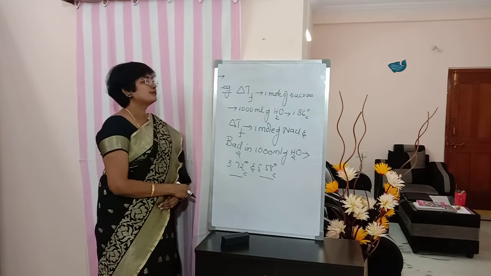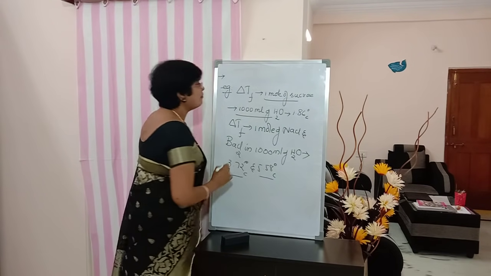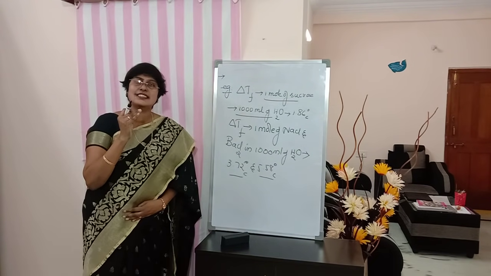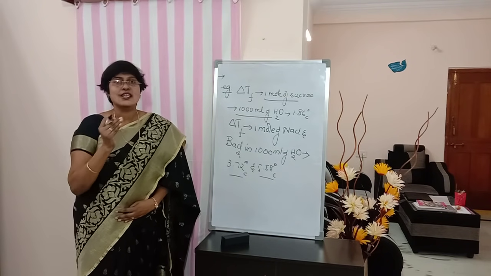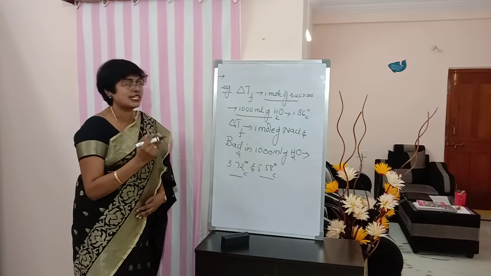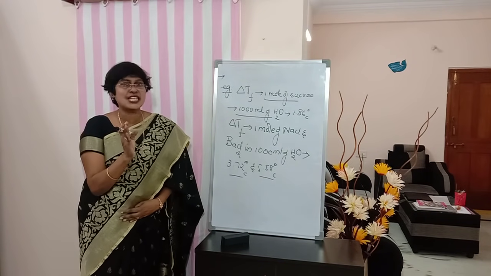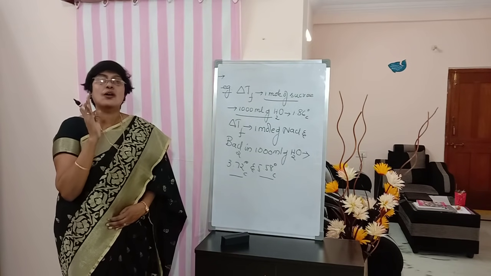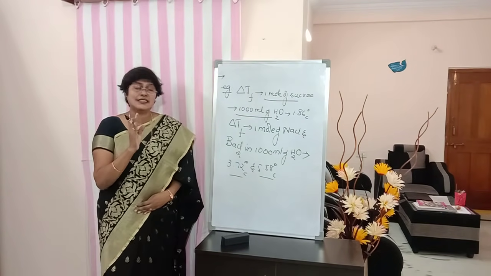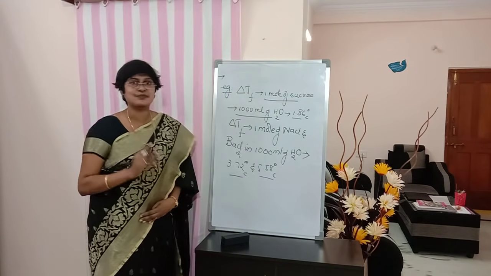Now, I will tell you. 1 mole of sucrose in 1000 ml of water. Sucrose is the solute and water is the solvent. We have prepared a solution and we found the delta TF value as 1.86.